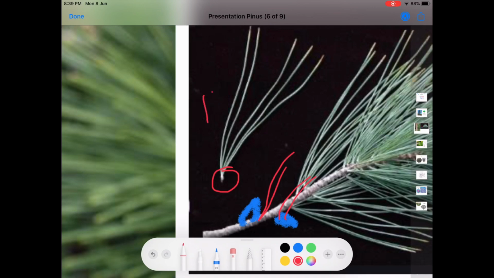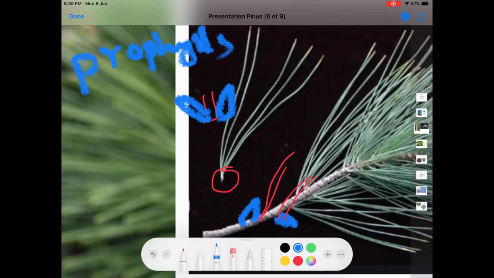That is, it carries a small stalk, and it is covered by two scale leaves on the opposite side. And these scale leaves are known as prophylls. Just above the prophylls, you can see 5 to 13 cataphylls, like this.